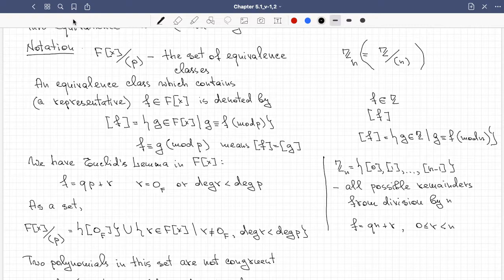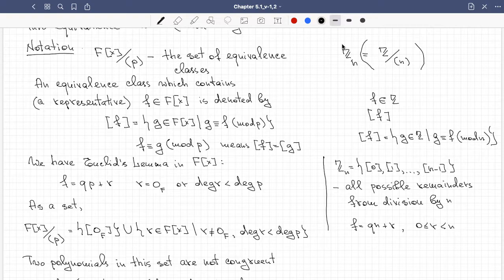So far, we introduced this thing, F[x] modulo p. This is a ring of polynomials, F is a field, p is a polynomial, and we introduced this set as the set of equivalence classes, which is parallel to Z mod n.